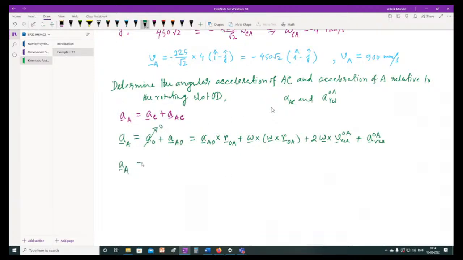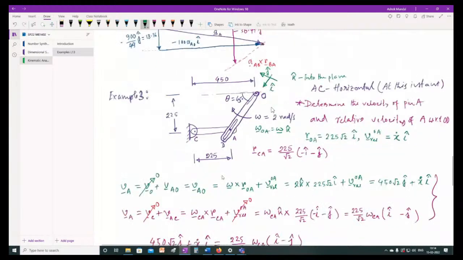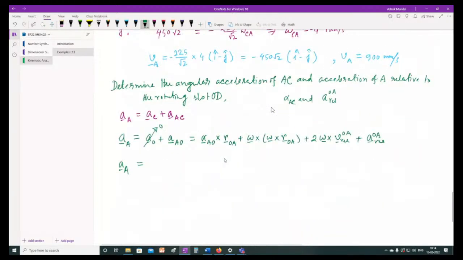So acceleration of point A. Now tell me what is alpha OA, what is the angular acceleration of this link OD? It is 0, because omega is constant. So this is equal to 0. No need to take care of this quantity.